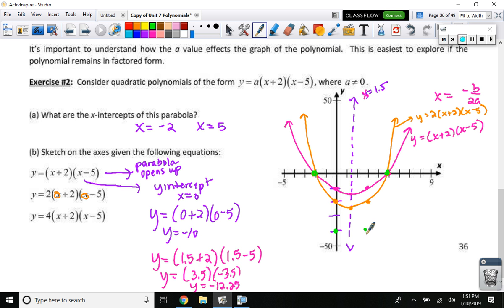What is going to be your bottom? 49. There's your stretch that we talked about early on. I believe. Questions on that? You think we're still good? Okay.